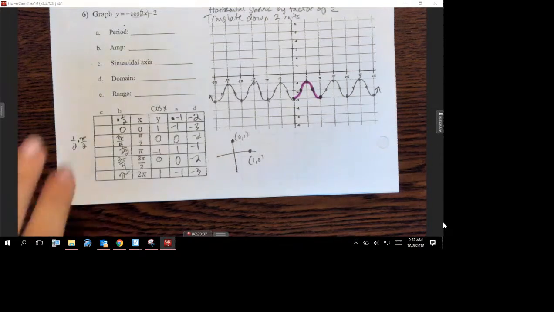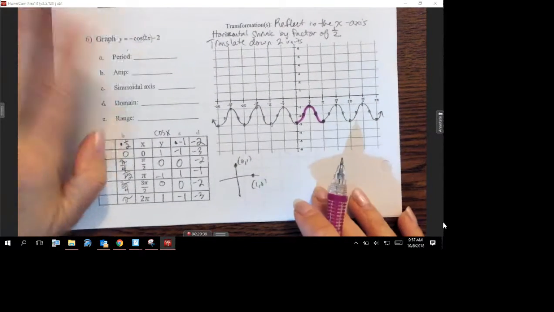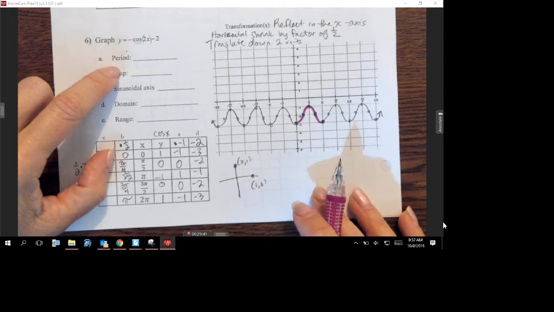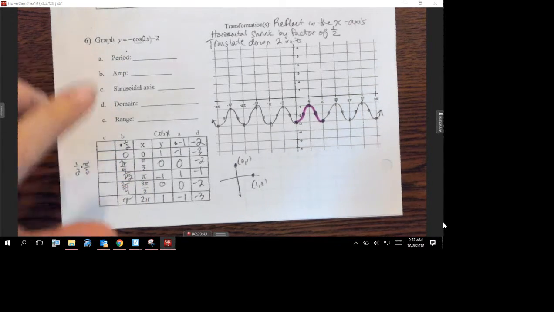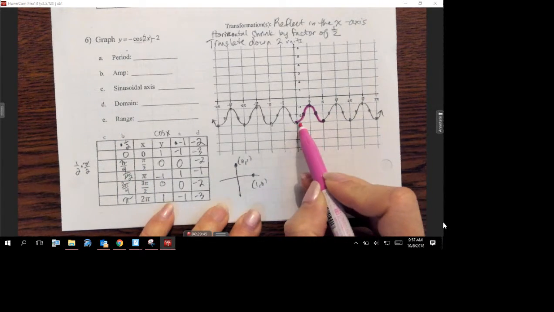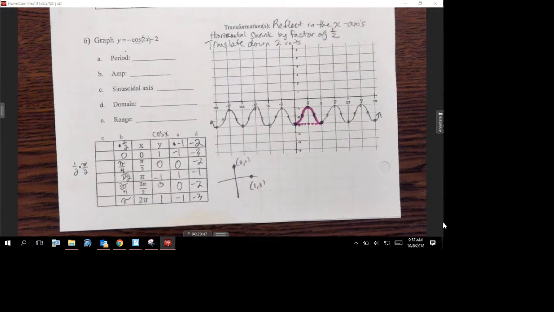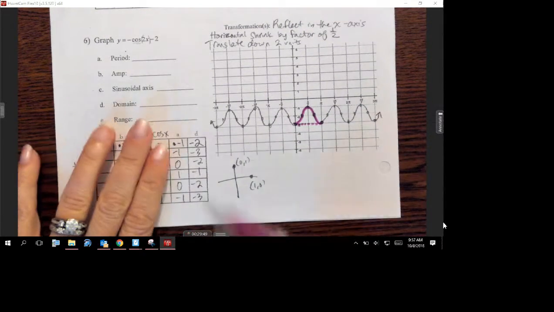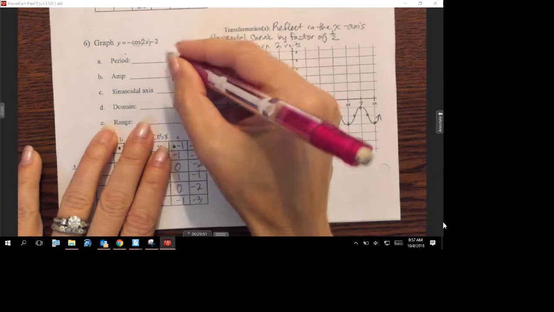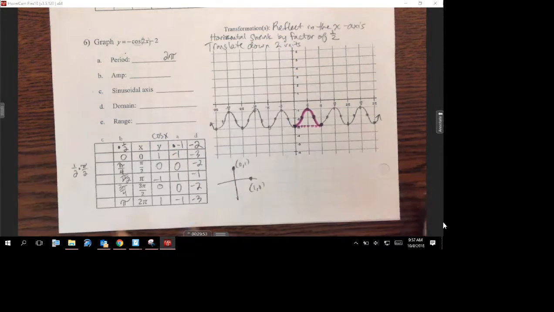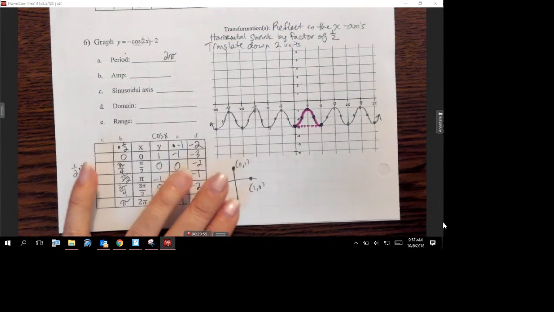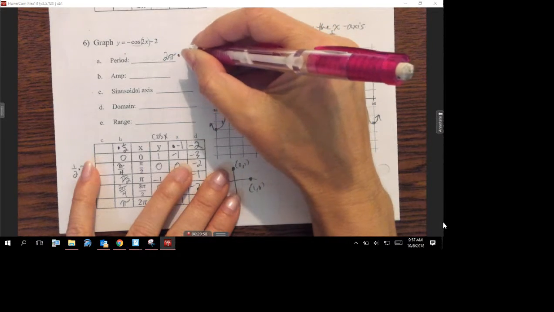Filling out the period. The period is how long horizontally one cycle is. So I could look on my graph and count how long it is. Or the period is also normally 2 pi. And then whatever we did to the horizontal stretch or shrink, do the exact same thing.